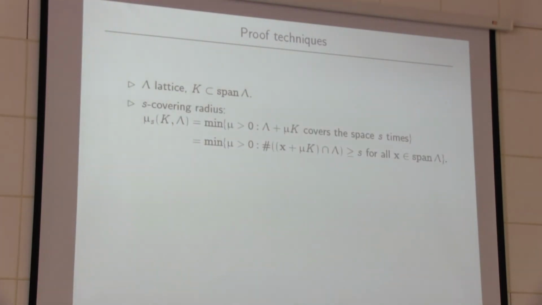So we define the s-covering radius as the minimum positive mu such that the lattice translates of the set mu times K cover the space s times. Right? So if you pick any point of space, then you're able to find at least s lattice points such that your point belongs to the sets mu K translated by these points.